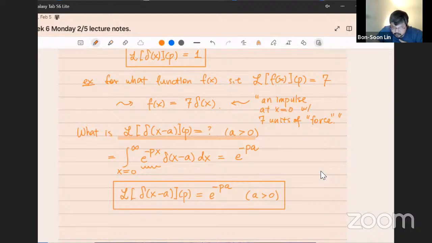I mean, is it possible that 2 functions could result in the same Laplace transform? It's possible, but we're going to ignore that. Let's not think about that. Yeah, let's just never think about that. So for all intents and purposes, there's always an obvious function that transforms to these. Okay. Yeah. So that's fine.